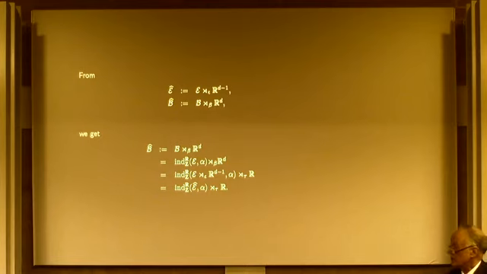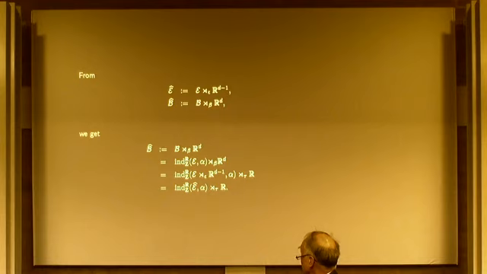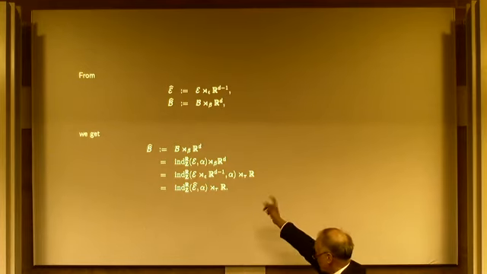So if I just look at the link between the bulk B hat and the E hat, I've got B hat as a cross product.